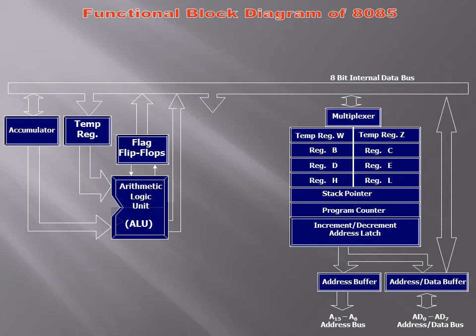If the program counter points towards the memory in the RAM, then the operations of read data or write data, which are provided through the instruction, determine how the data will flow. The data will flow through the lower part of the address bus, called the address data bus, AD0 to AD7. The data will flow from the memory towards the internal data bus, and then accordingly it will be stored or processed, whatever is to be done.